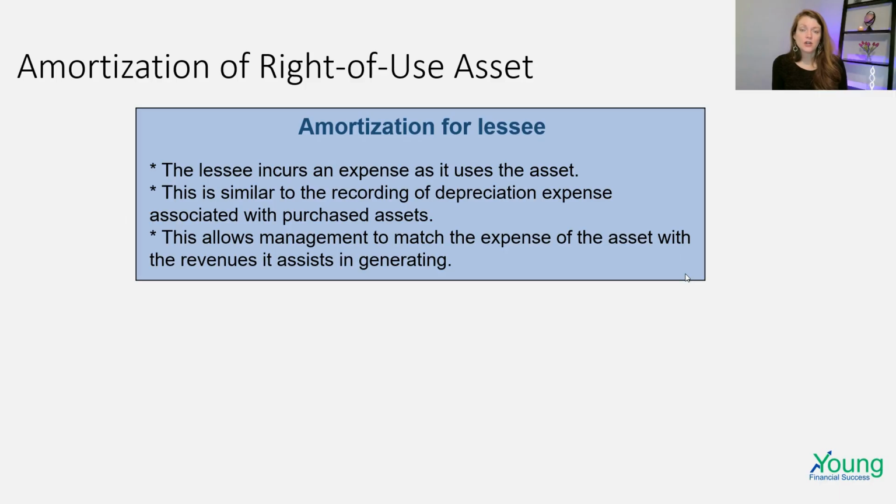So the lessee incurs an expense as it uses the asset, similar to recording depreciation expense whenever they purchase an asset. It allows management to match the expenses of the asset with the revenues that it's assisting in generating. So we want to make sure that we are smoothing this over time, and we are showing that there is amortization of this asset, even though it's a lease, because it is a finance sales type lease.